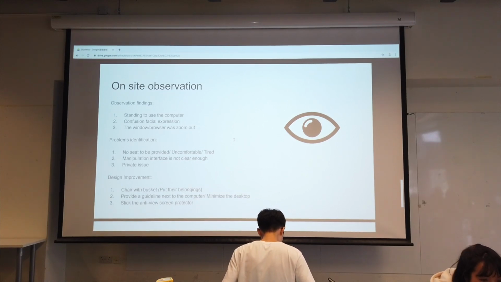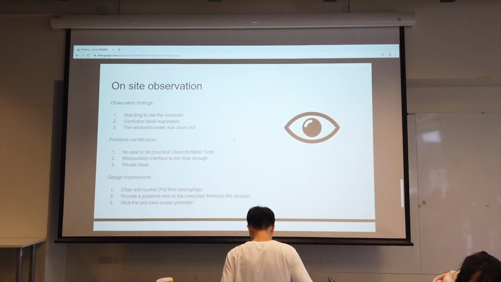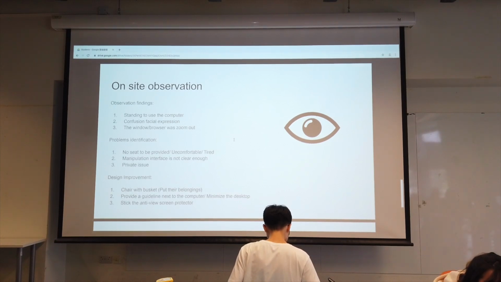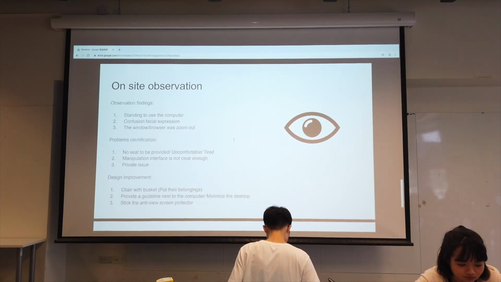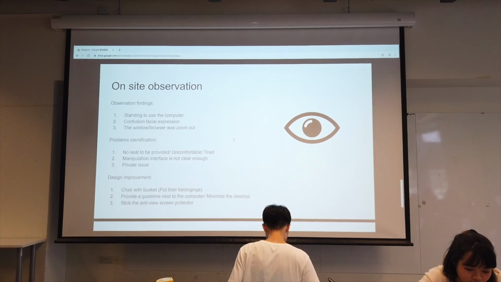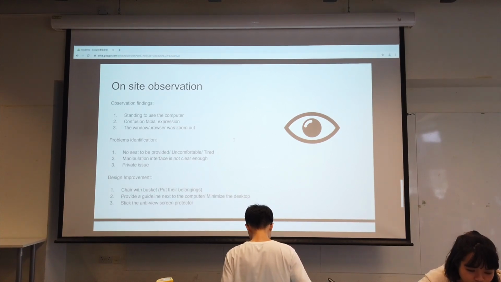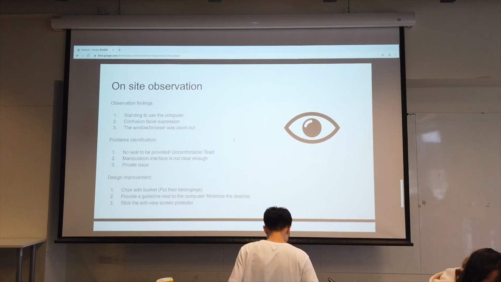When we observed the students, we saw that they stand in front of the computer, and their facial expressions are kind of confused, or they are focused on the computer searching for information. We also see that the window is zoomed in very small, so we guess maybe they worry about other people seeing what they are searching.